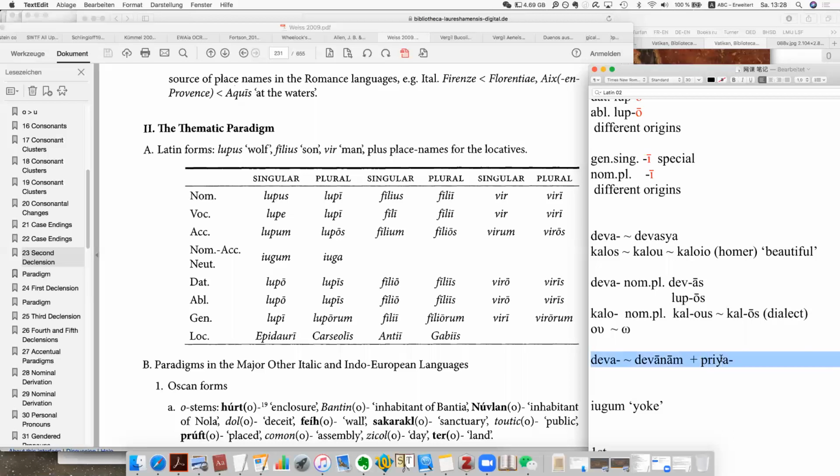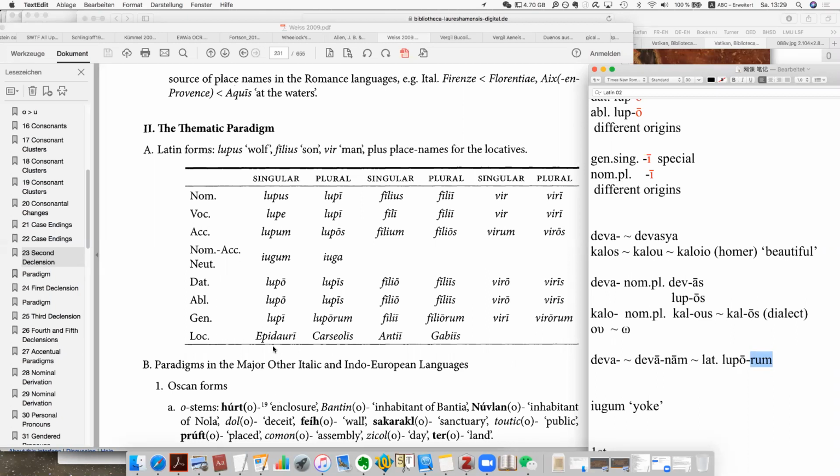But today we're not going to talk about this. So if you compare this devanam with Latin luporum, you see it's so different, right? This is anam and this is orum, and you can't easily explain this. But it's fine. We will talk about it later.